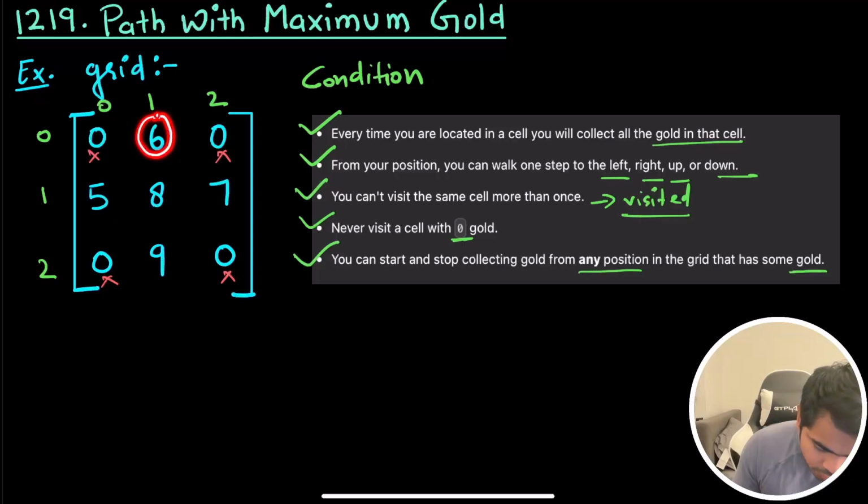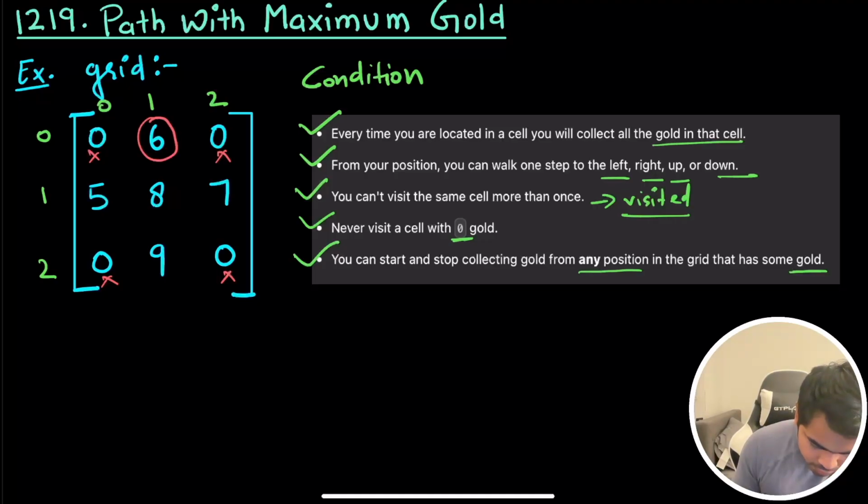Of course I wouldn't go up because that's out of bounds. I cannot go to these zeros, so there's only one direction that I can go to, which is down. And once I'm here, I can now choose to go in 3 directions, which is either this or this or this. So let's say I choose to go this direction.